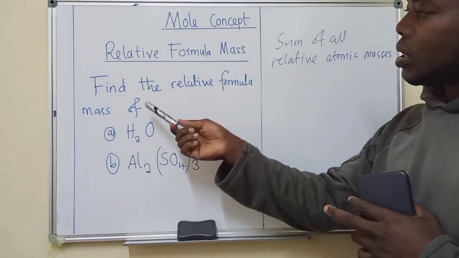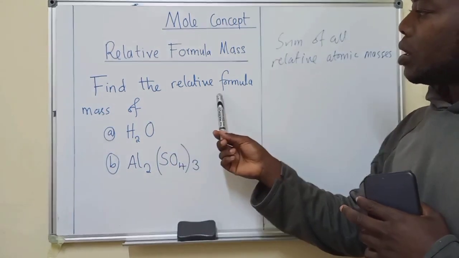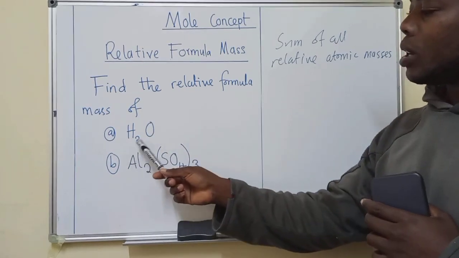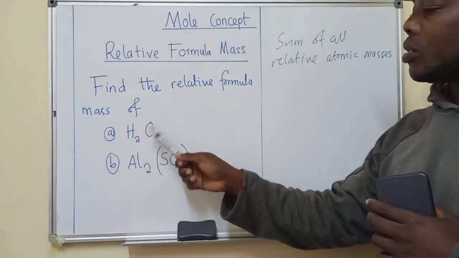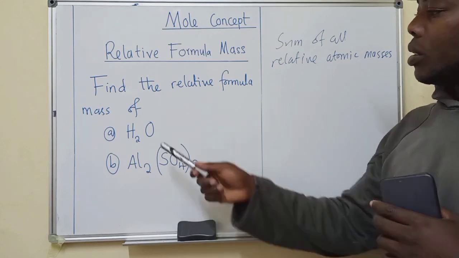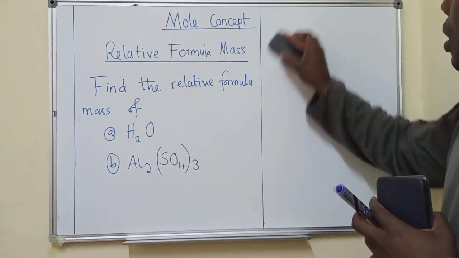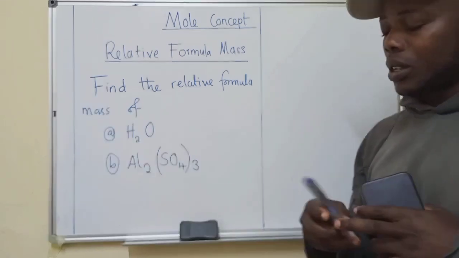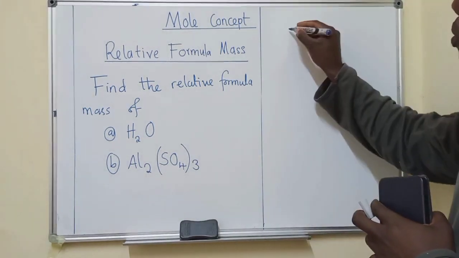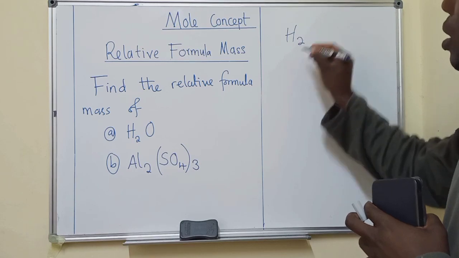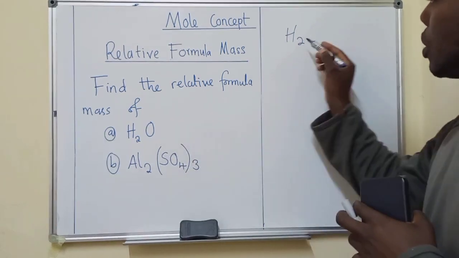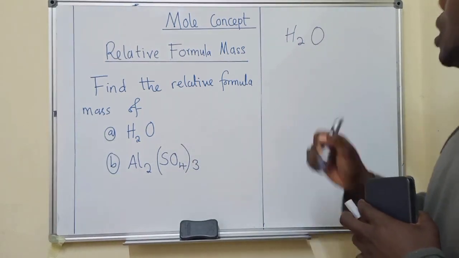So the first question here, we are asked to find the relative formula mass of H2O, and of course this is water. Okay, so how do you find that one? The first thing must be to copy what you've been given. Of hydrogen there, it's 2 atoms of hydrogen.